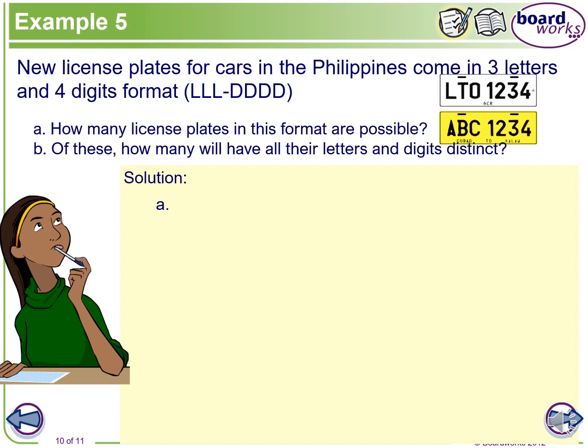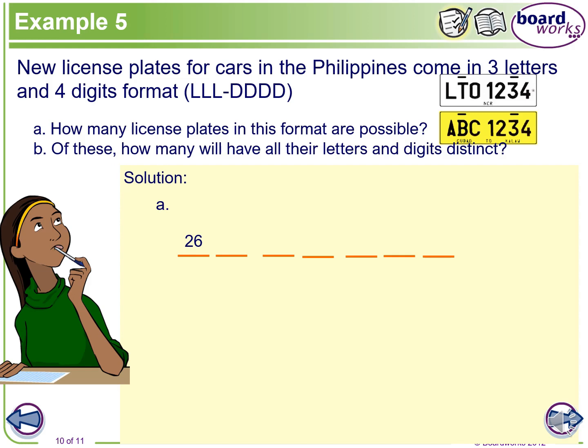Using the fundamental principle of counting, we all know that there will be 3 letters and 4 digits or numbers in the license plates, right? Now, in the first 3, we all know that there will be 26. Why 26? Because there are 26 letters to choose from, A to Z, right? In the second letter, how many are the choices?